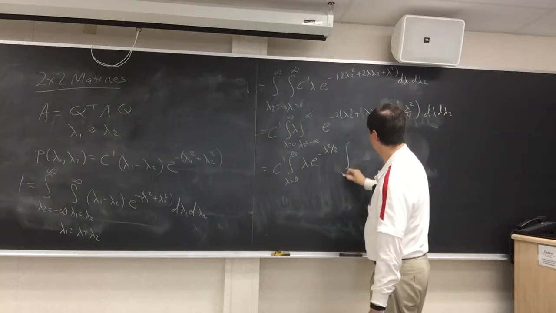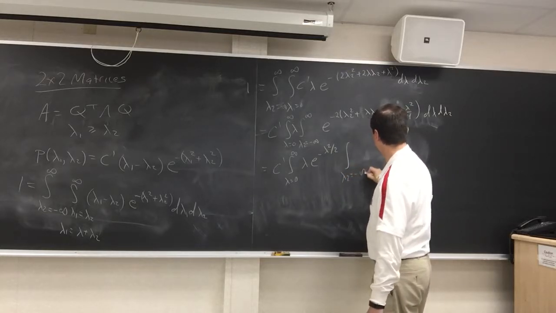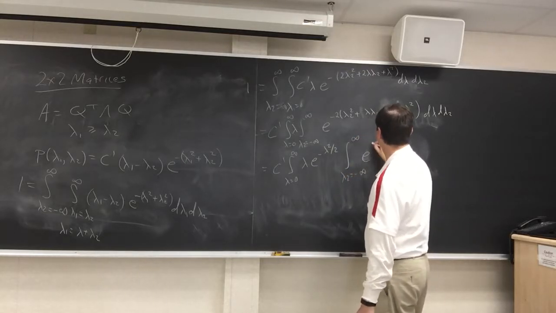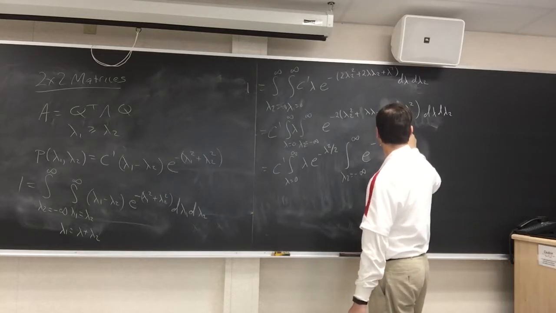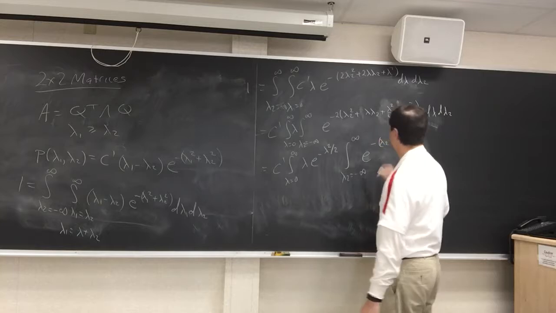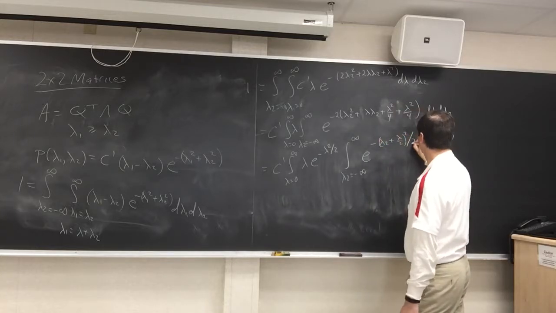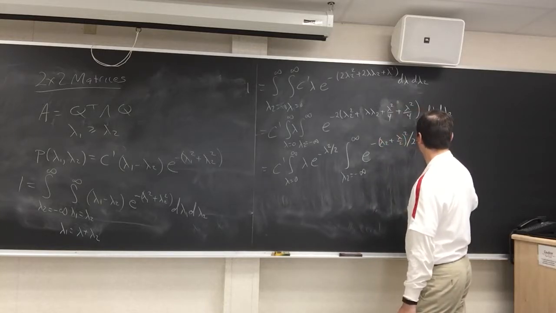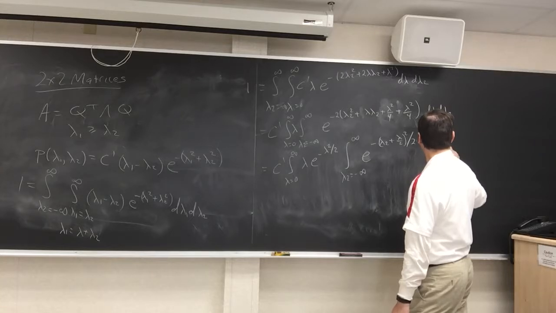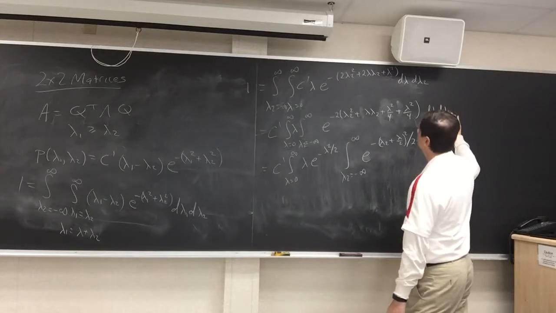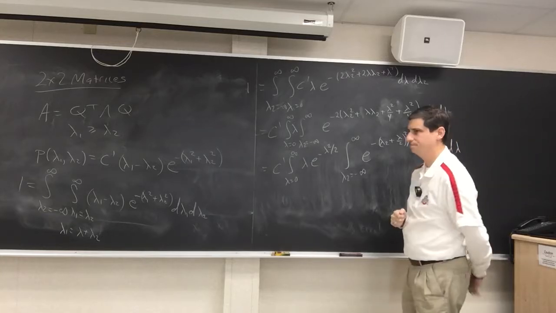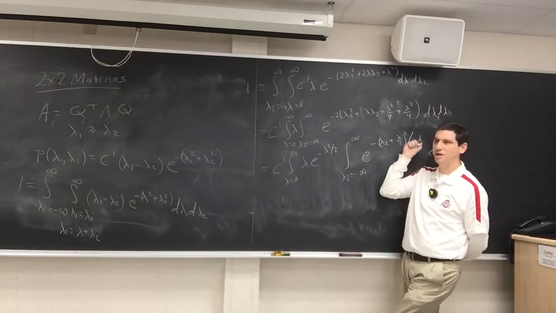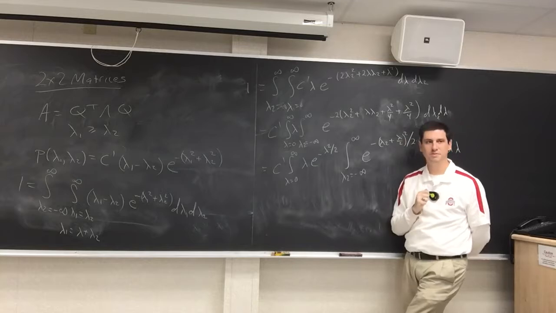And now I'll have the integral over lambda 2 from minus infinity to infinity of e to the negative lambda 2 plus lambda halves squared divided by 2 times 1/4, d lambda 2. And by writing it as 2 times 1/4, that's a half down there, and then it comes up.